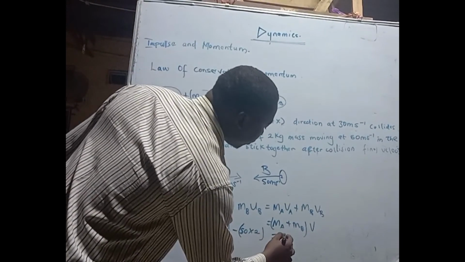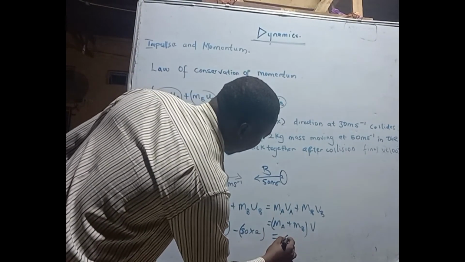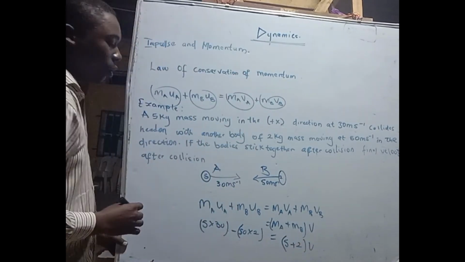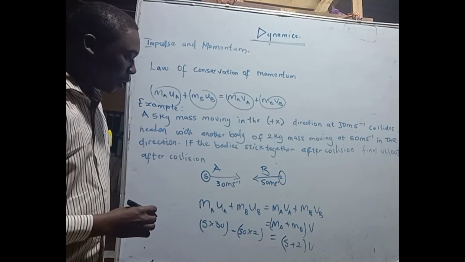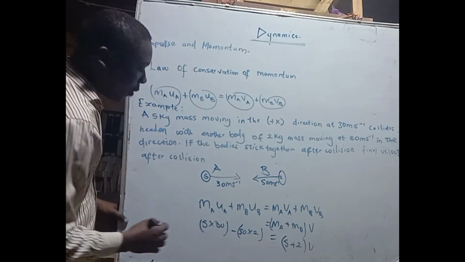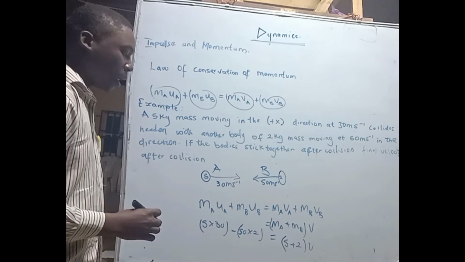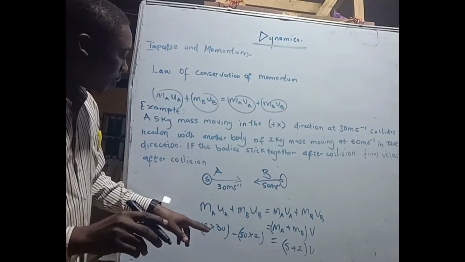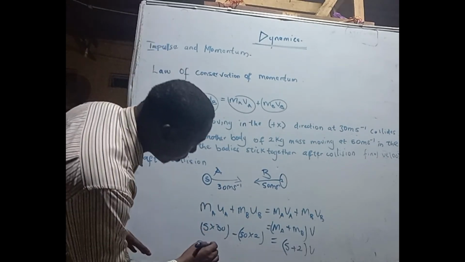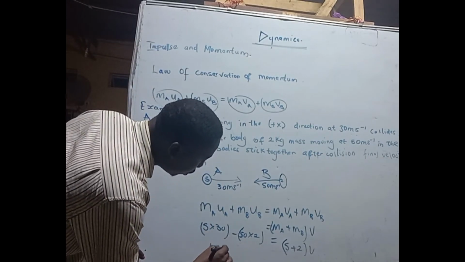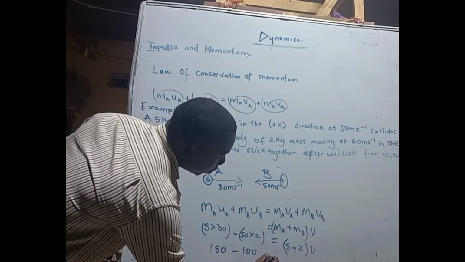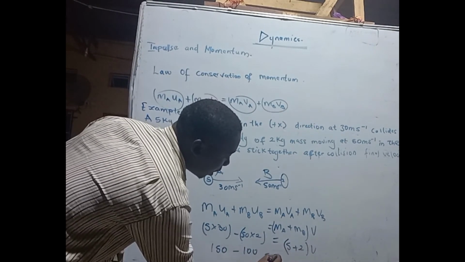Equals 5 plus 2 multiplied by V. Do you understand that? So 5 times 30, that's 150. 50 times 2, that's 100, equals 5 plus 2, that's 7.